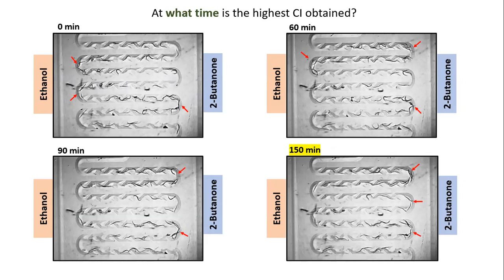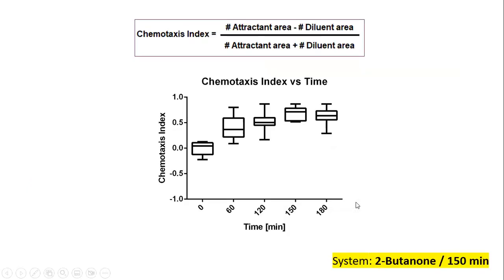We counted the number of nematodes and then calculated the chemotaxis index using the following expression: the number of nematodes in the attracting area minus the number of nematodes in the diluent area, divided by the total number of nematodes.